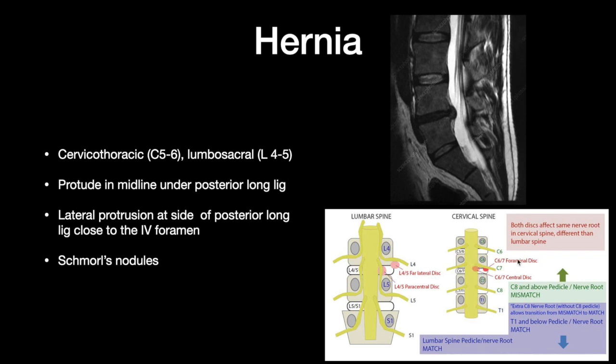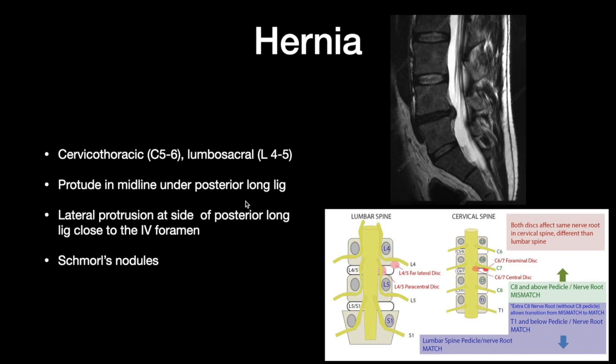If it herniates, it will compress C7. If the herniation is at C5 to 6, it will compress the cervical nerve 6.